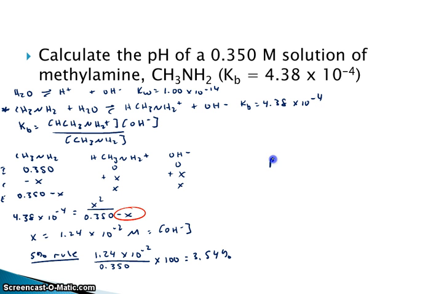So I'm going to calculate the pOH of the solution first.